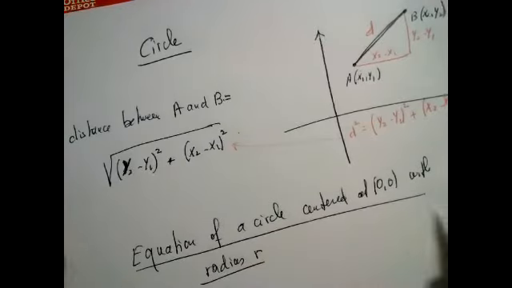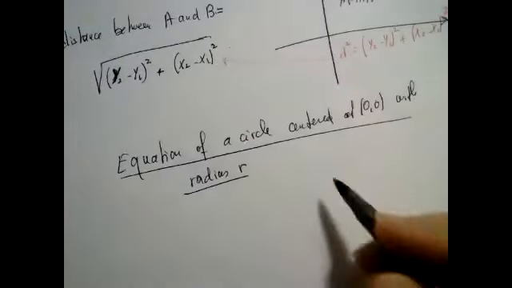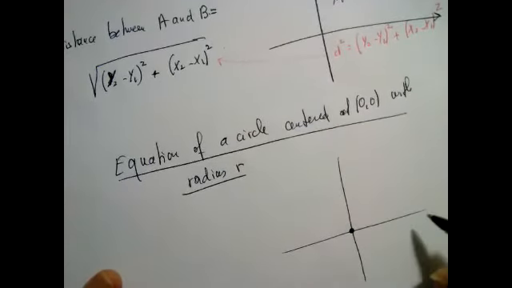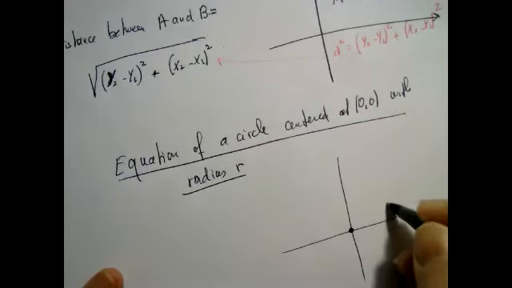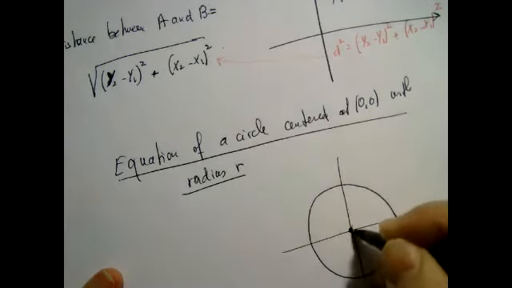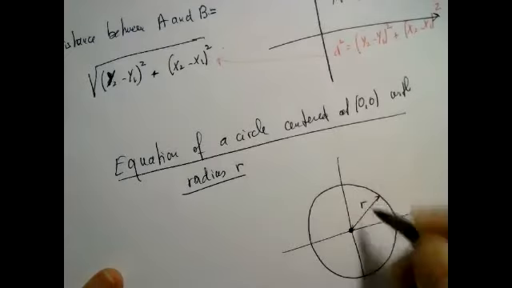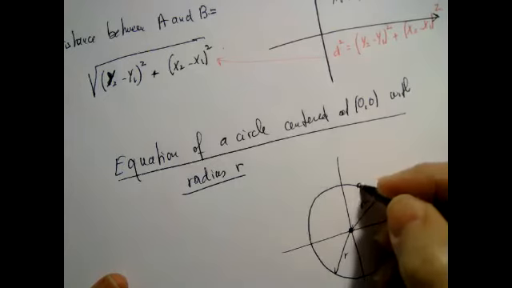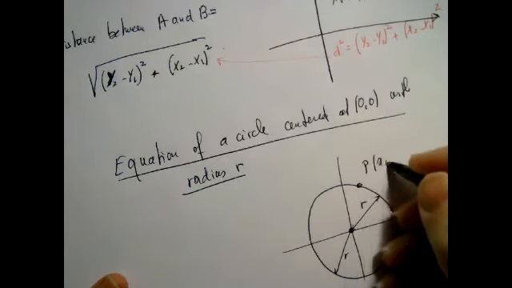It means if I take a circle, and I centered it at the origin, right here, and the radius is r, I take all the points whose distance to the origin is r. All those points. And the question is, if I take any point here, what's the equation of the circle?